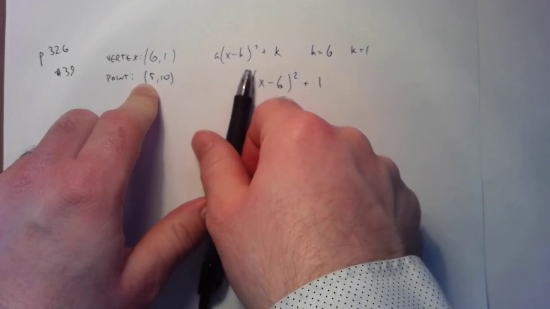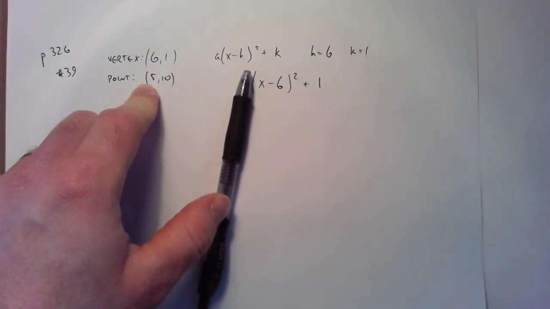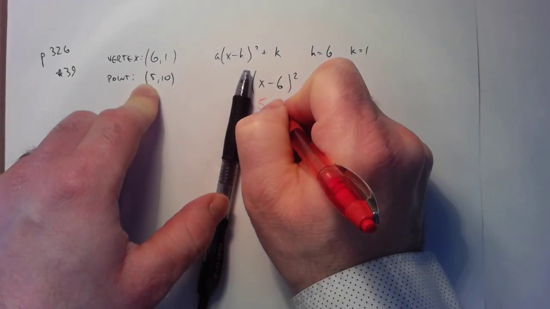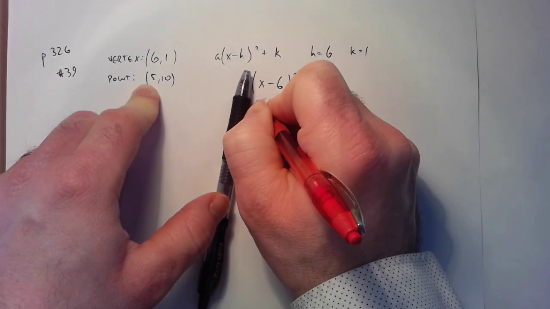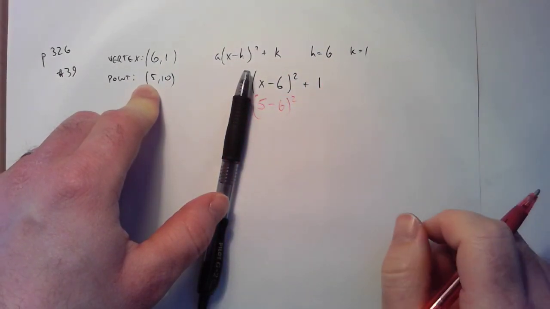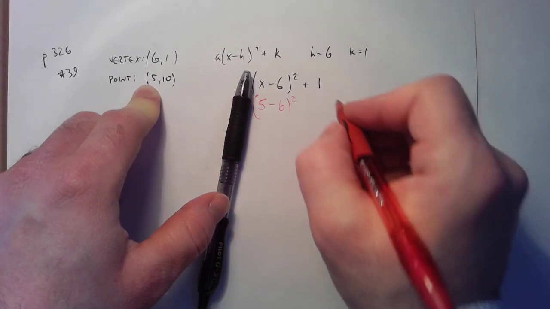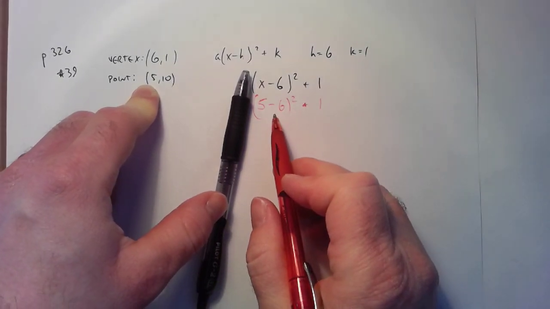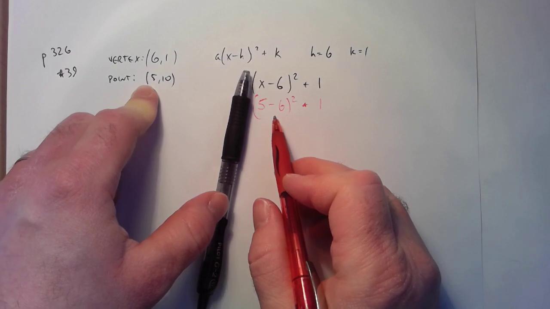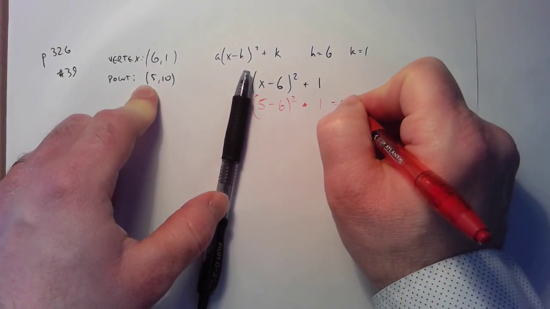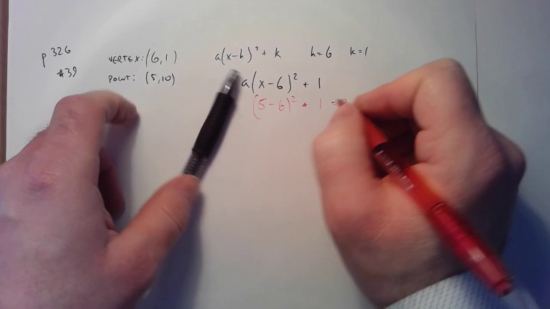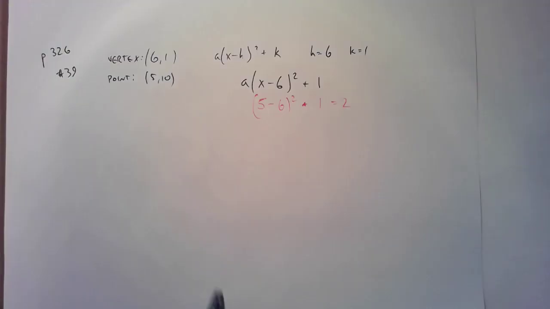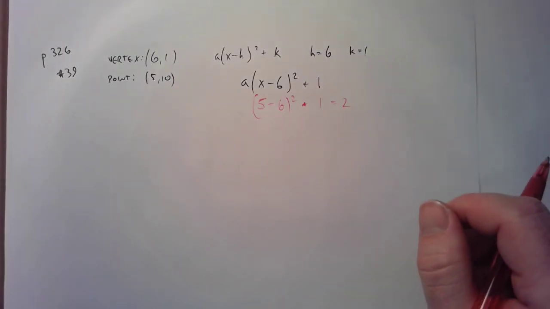So let's see if it works. 5 minus 6 squared plus 1. 5 minus 6 is negative 1. Negative 1 squared is positive 1. So that equals 2. All right, so when a equals 1, that equals 2. Clearly it needs to be larger.